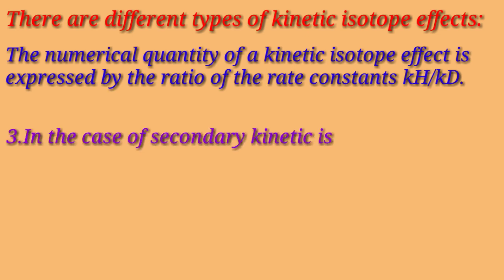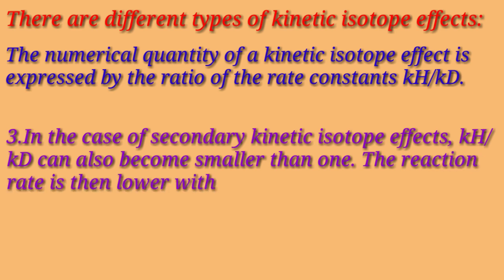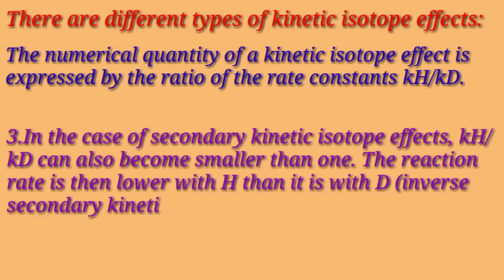In the case of secondary kinetic isotope effect, kH upon kD can also become smaller than 1, that is the reaction rate is then lower with hydrogen than it is with deuterium, so we call it inverse secondary kinetic isotope effect.